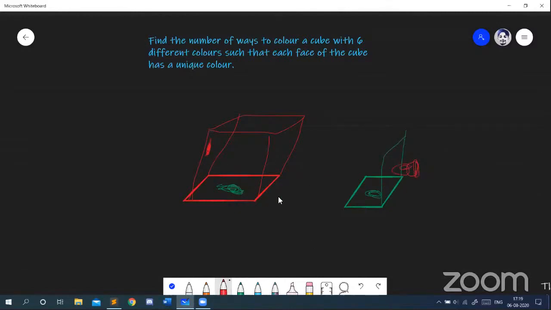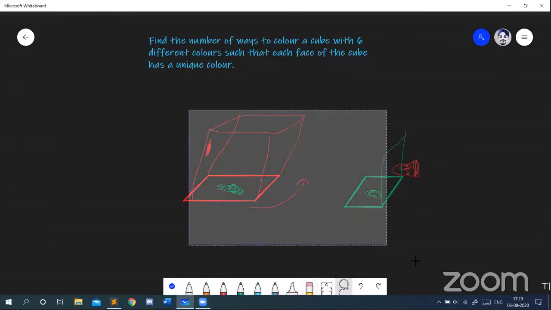These two will be part of the same permutation because I can rotate this along this axis and I'll just get this, right? So this is what we want to avoid.